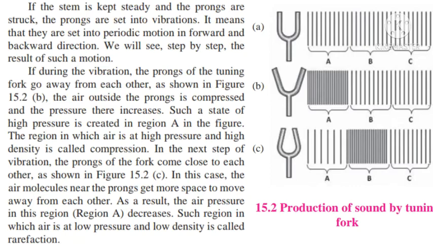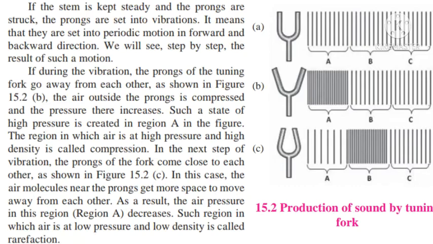The region in which air is at high pressure and high density is called compression. See, understood what is meant by compression? The region in which air is at high pressure and high density is called compression, which you can see in figure 15.2b, that is the region A.